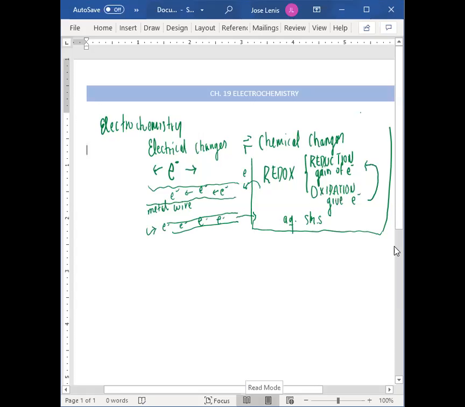So the apparatus that we're going to use to study this relationship is called the electrochemical cell. And we have two different types of electrochemical cells.